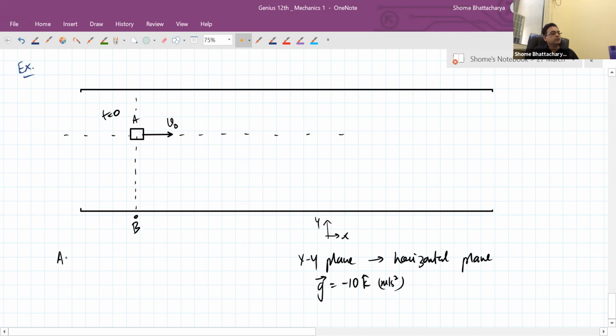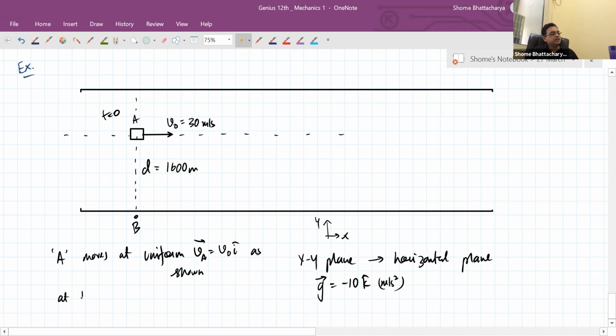Now A moves at uniform velocity v naught i cap as shown, and this distance is 1600 meters.